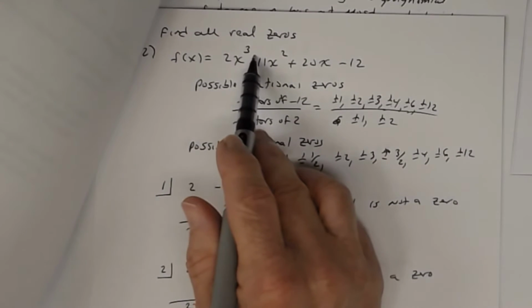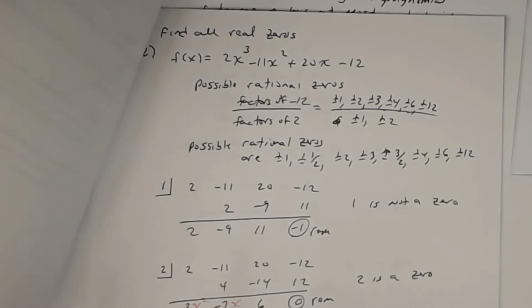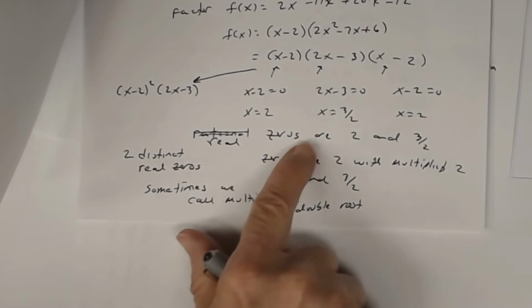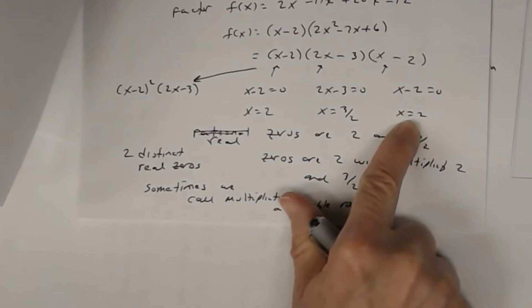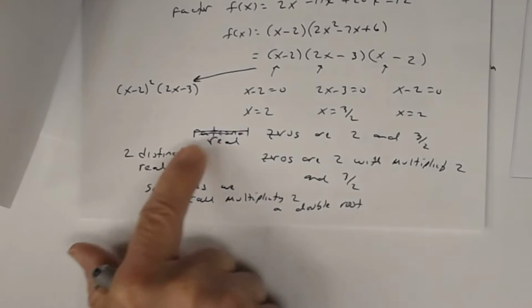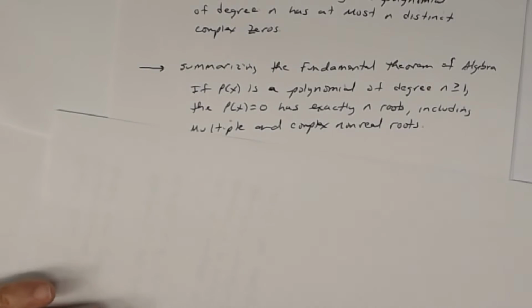I can have at most 3 different roots. Just so happens that I have 3 roots, right here, 1, 2, 3. Just so happens, though, that there's only 2 distinct roots because 2 are the same. All right. So that's what the fundamental theorem of algebra says.